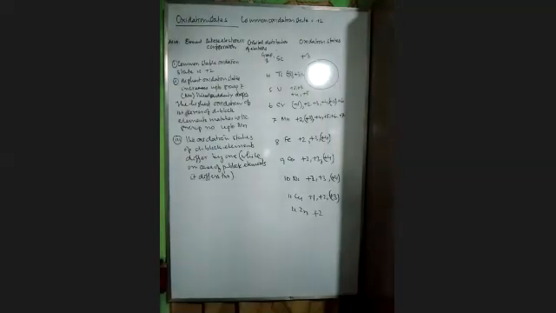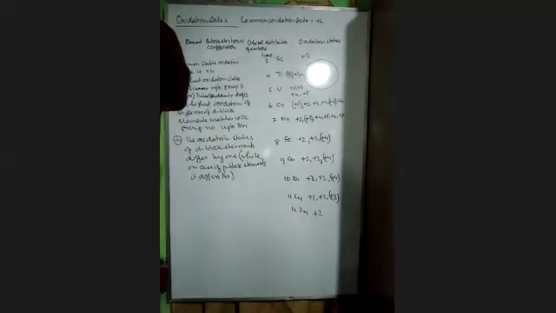While for d block elements, it goes to the penultimate shell, within bracket n minus 1, d orbitals. Written? Yes, sir.